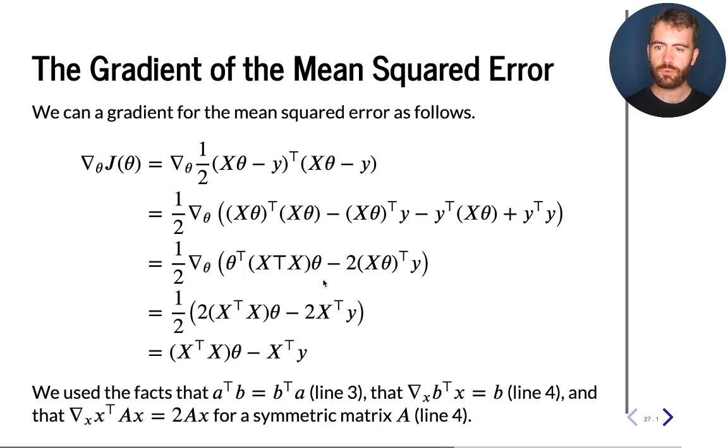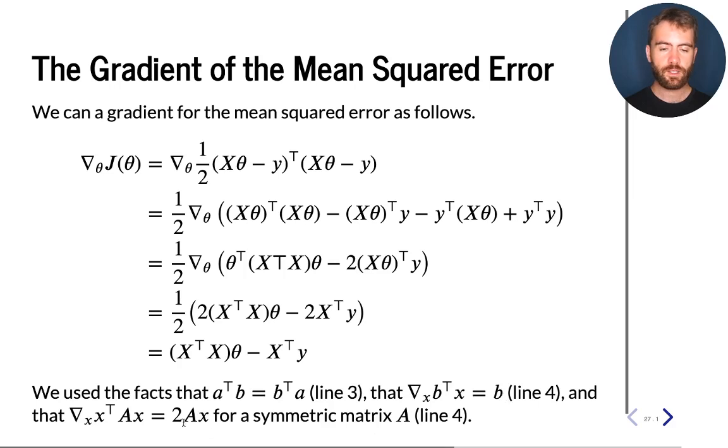We are going to use two rules from matrix calculus. The first one is that the gradient of B transpose X equals B. You can easily verify this by working out the partial derivatives and seeing that the partial derivative with respect to X sub i will just equal B sub i.